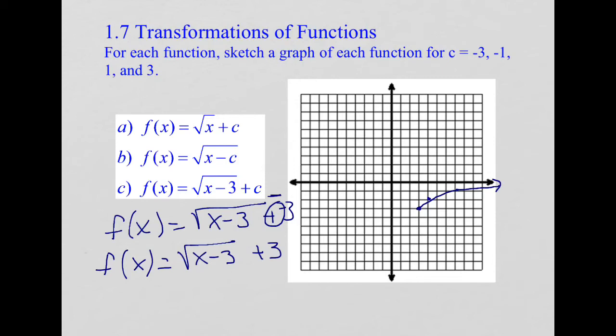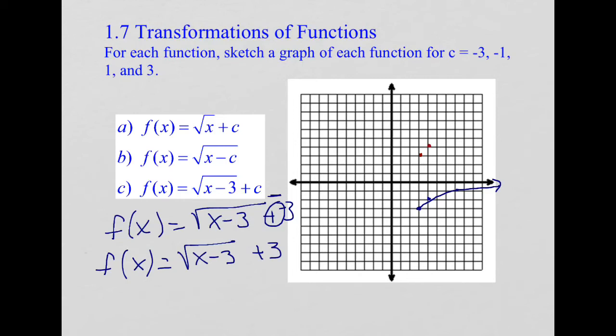Okay, now let's graph the second one, where I have the square root of x minus 3 plus 3. I'm going to use the same x values, so my first x value is 3, except this time I'm going to go up 3, because that's my vertical shift. On my second point, I put in 4, which gives me the square root of 1 plus 3, so that means I go up to 4.